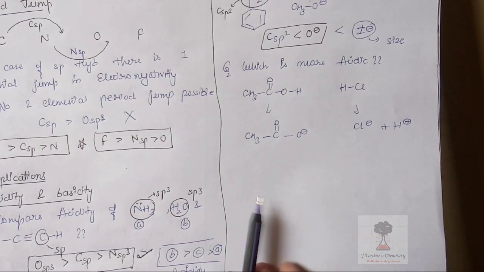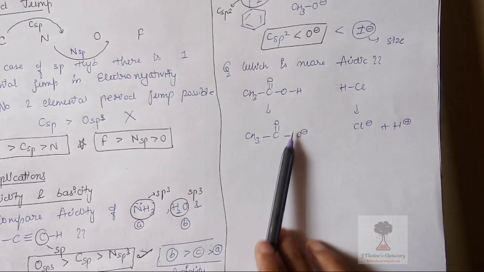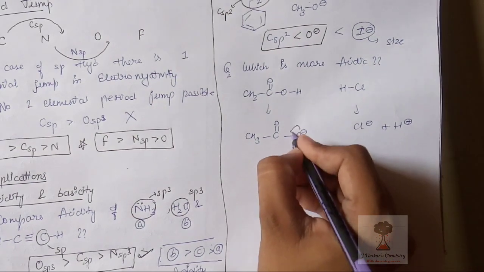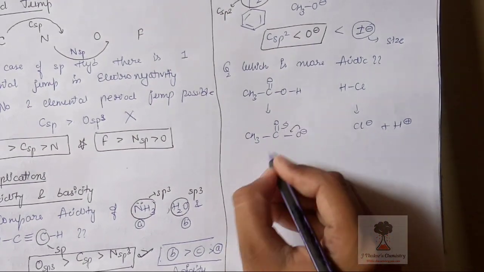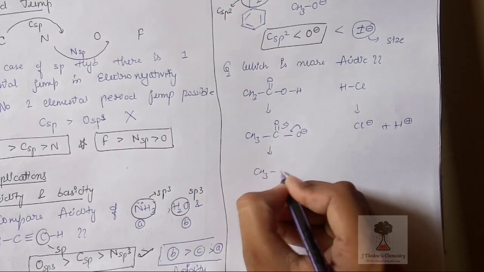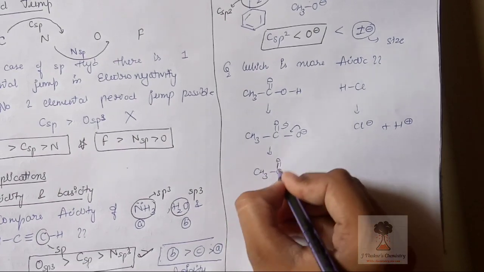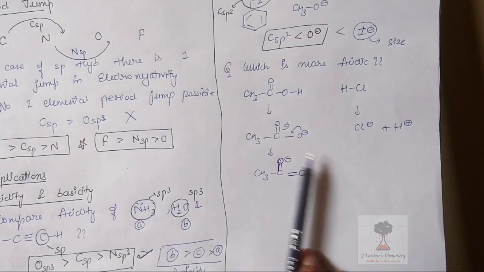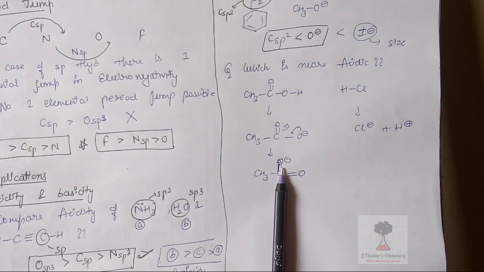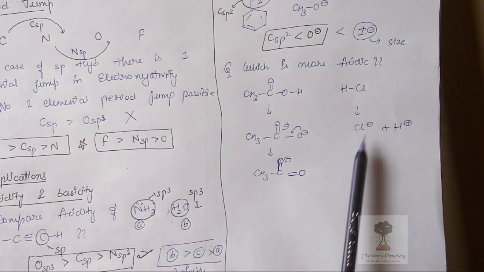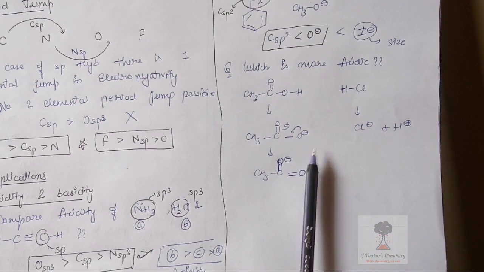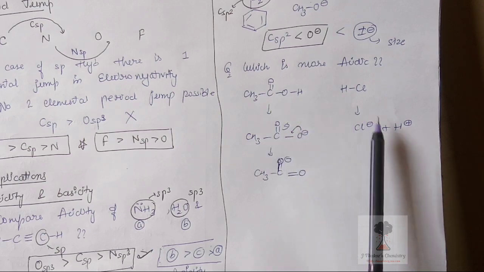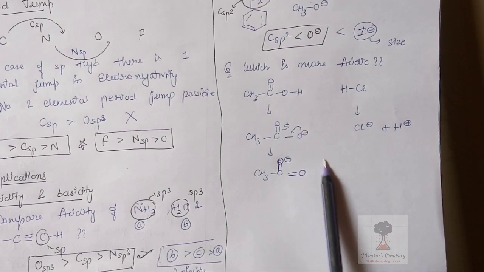If we introduce the concept of conjugation here, we can say that there is more dispersion of charge present. Due to this dispersed negative charge, this is more stable in comparison to Cl negative. With this concept, we could say that this is more acidic than HCl, but this is wrong.